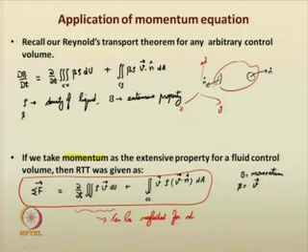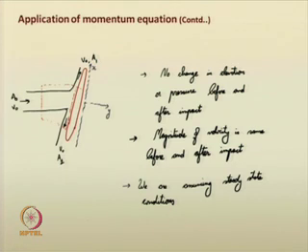So, your equation now looks like the following form.